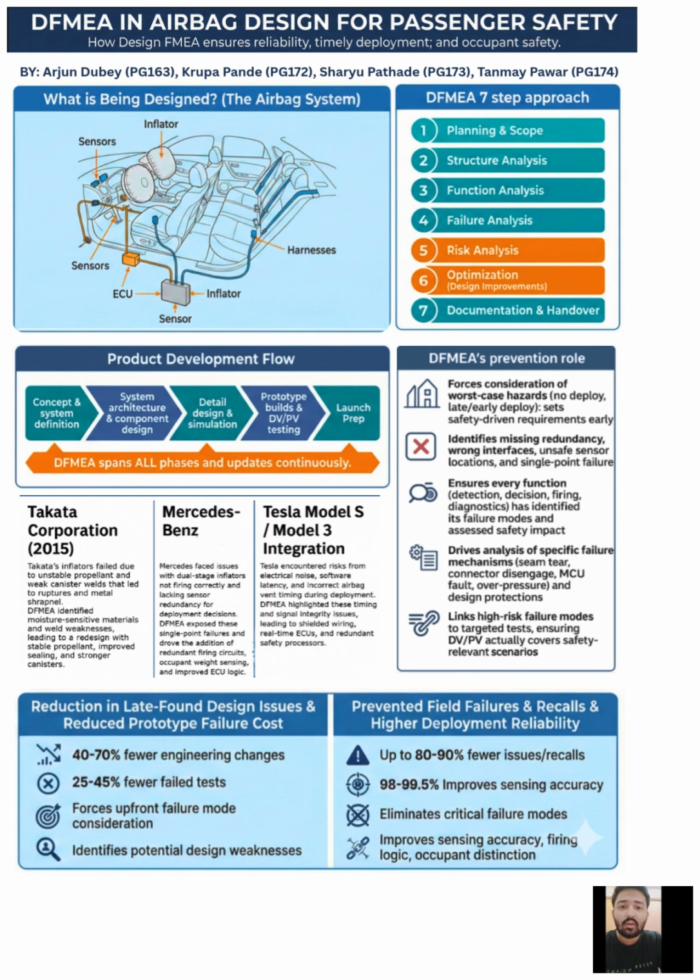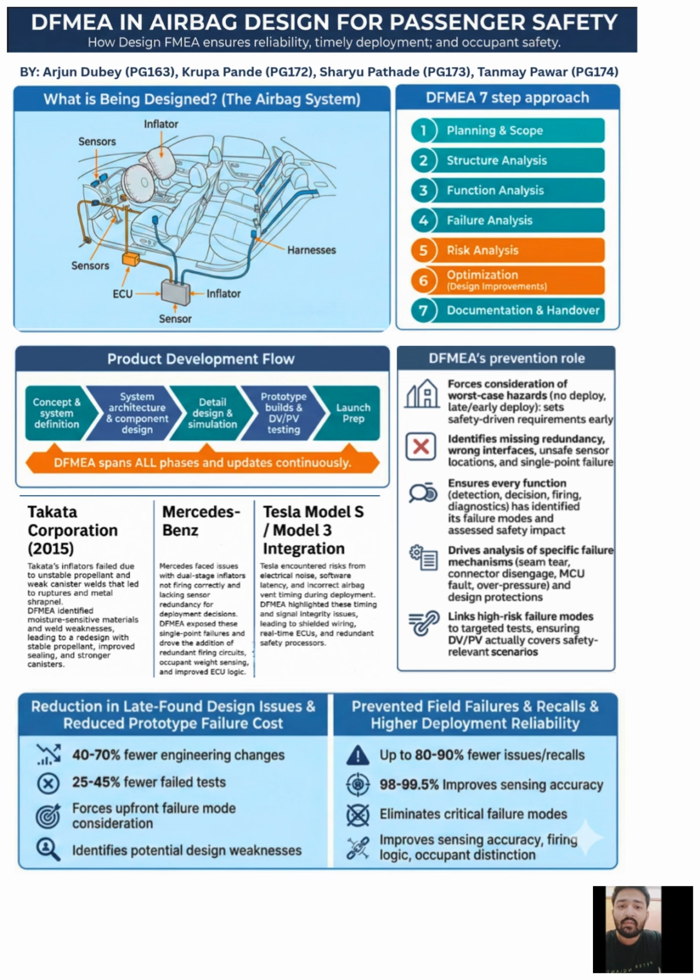Finally, we reach launch preparation, where the design is finalized, manufacturing processes are set, quality controls are added, and the product becomes ready for mass production. Throughout this entire journey, DFMEA runs continuously. It keeps identifying potential failure modes early and forces improvements to the design before any major problem occurs at the customer's end. Real industry examples make this very clear.